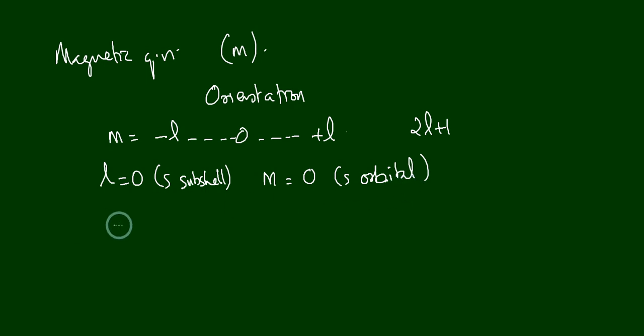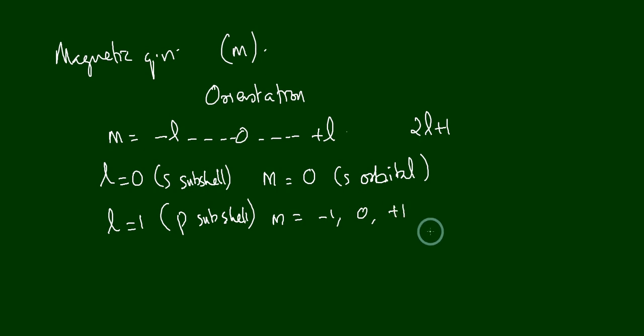Okay, and for L equal to 1, which subshell is it? P subshell. For that, the possible values of M are minus 1 through 0 to plus 1, meaning minus 1, 0, plus 1. These are the possible values of M. So there are three values possible.